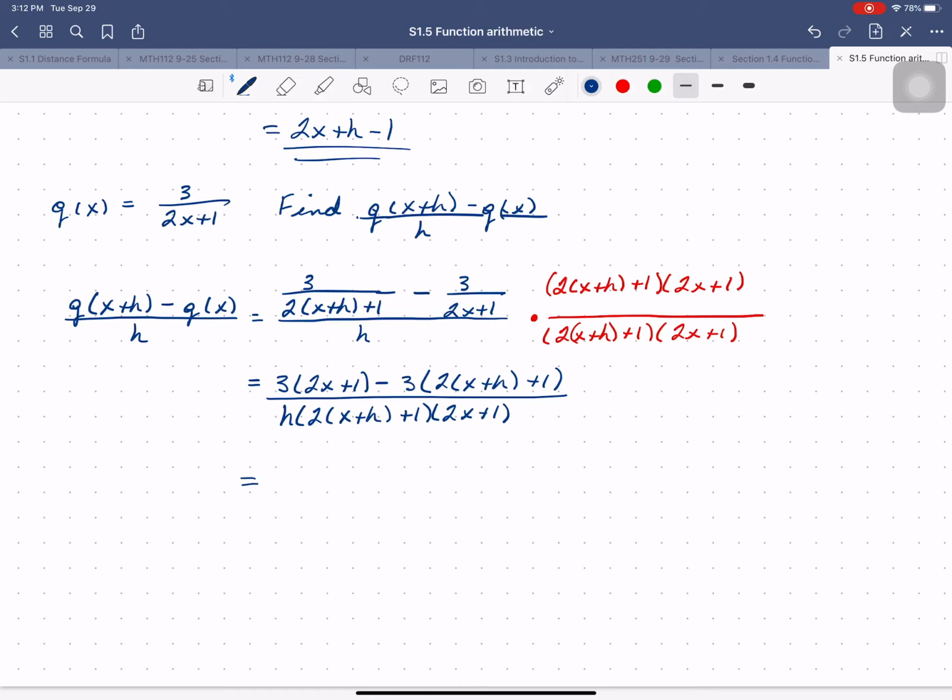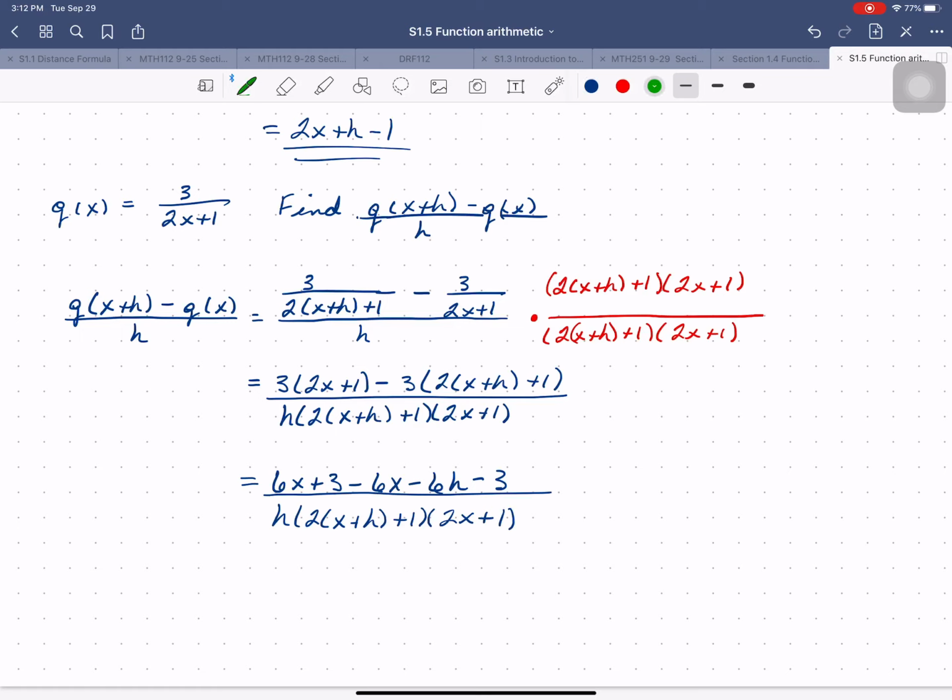Now let's simplify in the numerator. And I've got 6x plus 3 minus 6x minus 6h minus 3 all over h times 2 times x plus h plus 1 times 2x plus 1.